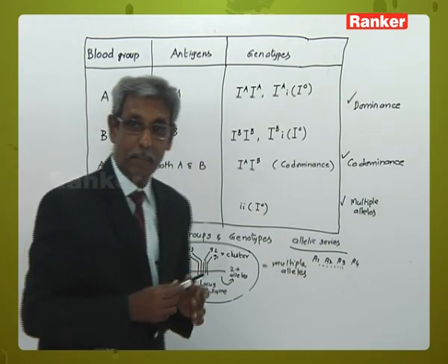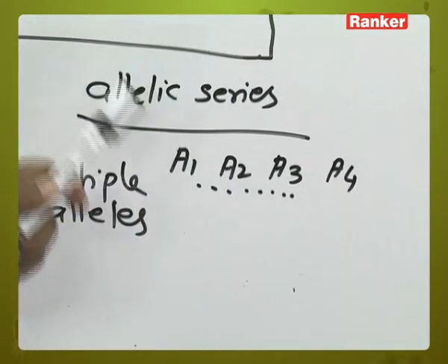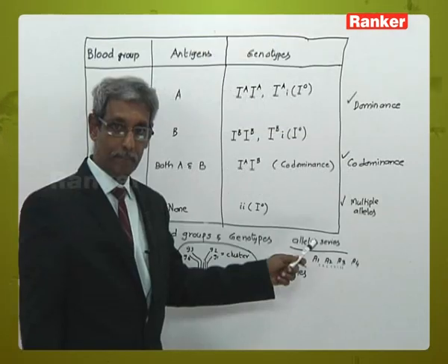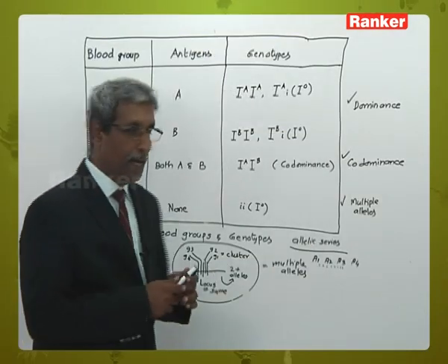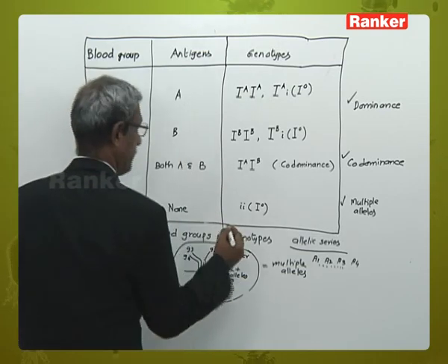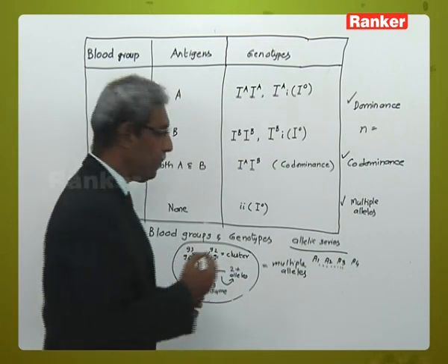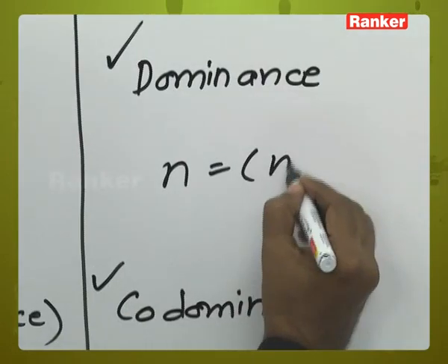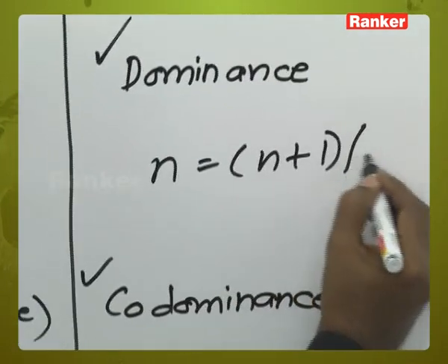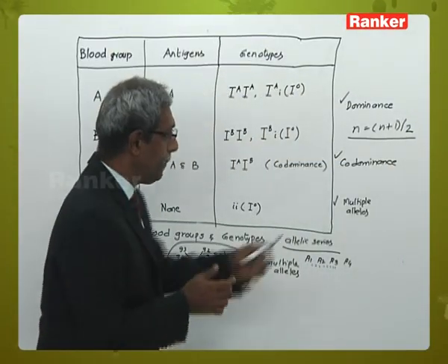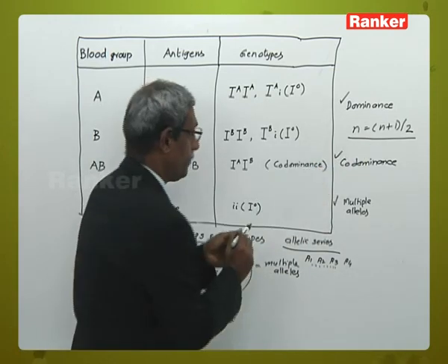Normally when you take multiple alleles, the number of genotypes possible in an allelic series is given by the formula N = n(n + 1)/2.